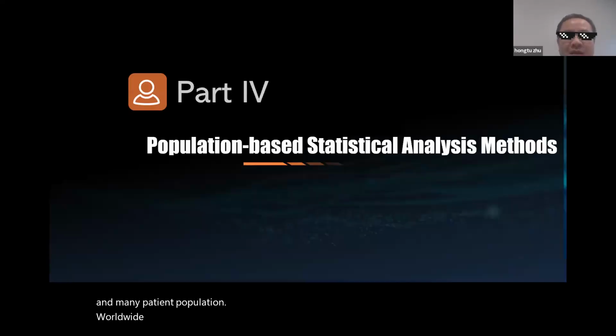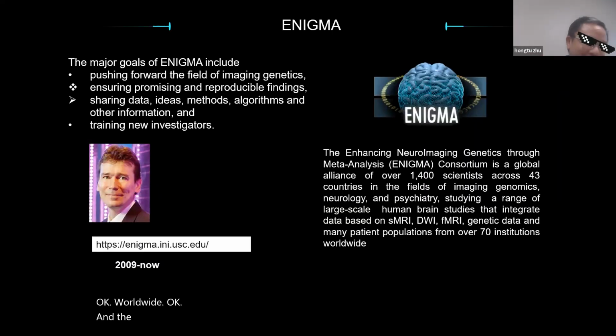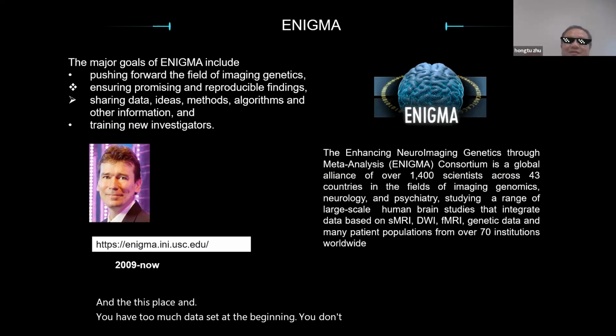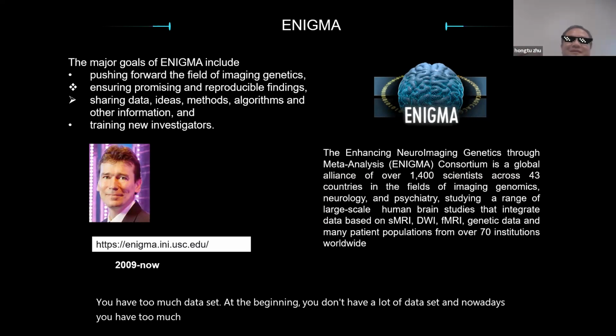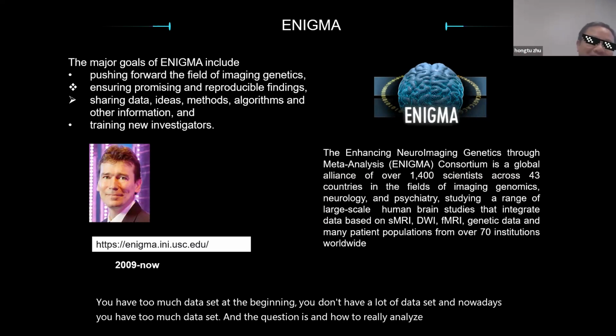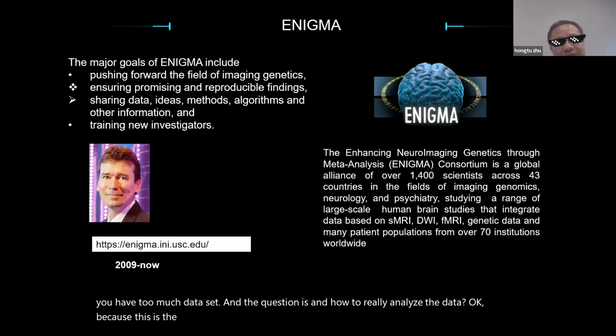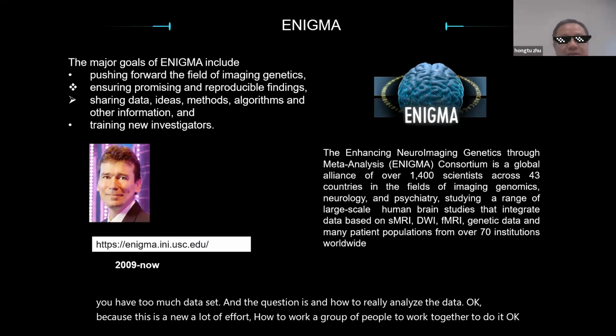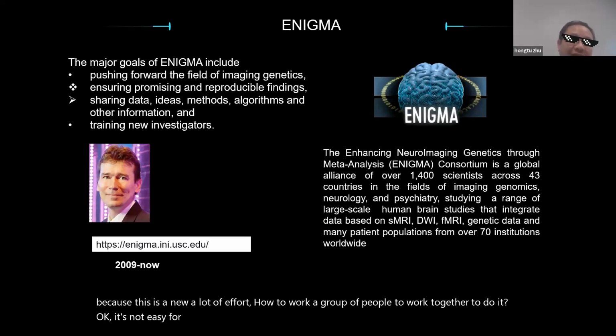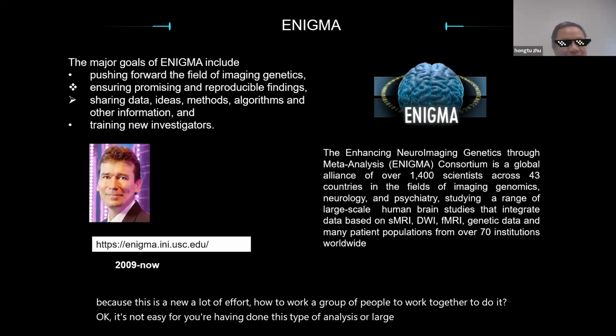Okay, and you have too much data. In the beginning, you don't have a lot of data. Nowadays you have too much data, and the question is how to really analyze it, okay? Because this needs a lot of effort. You have to work with a group of people to do it, okay? It's not easy if you haven't done this type of analysis a lot. Any questions?